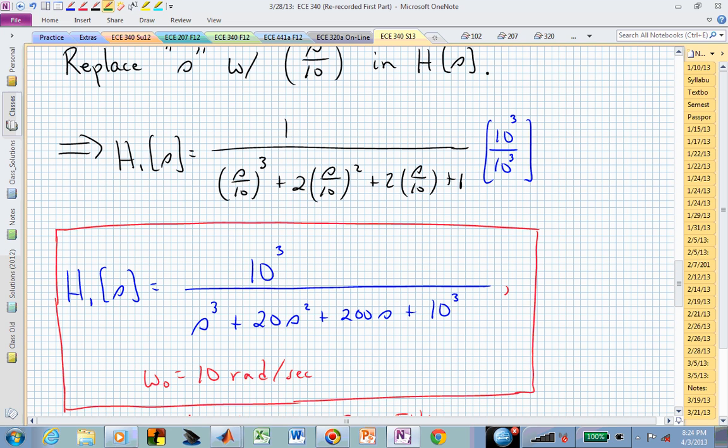We end up with a monic denominator polynomial, monic meaning that the leading coefficient has been normalized to a value of 1. That's the monic. The other terms now just get scaled by 1,000 divided by the appropriate factor in the denominator.